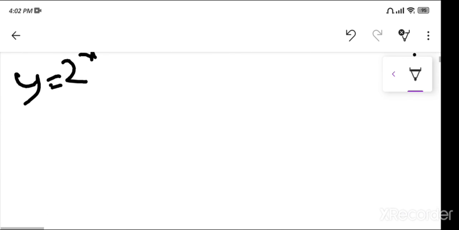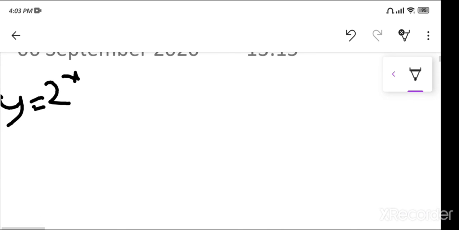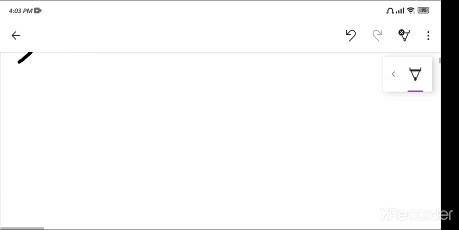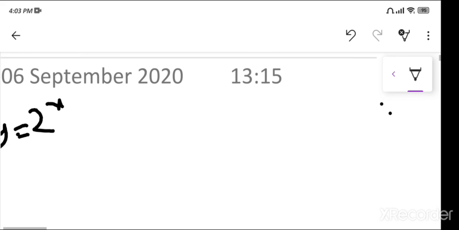So there's actually y equals 2 power x. There are some options given on page number 19. Look at page number 19 if you have the book near you. There are some options given here for x.